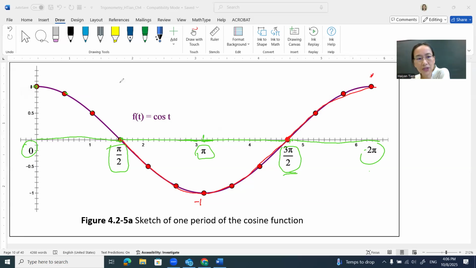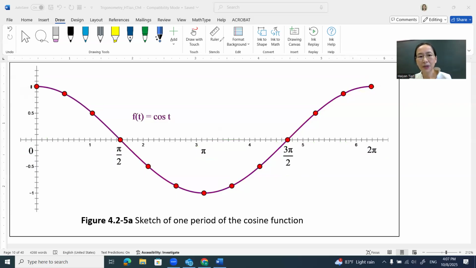So you see, from 1 decreasing to -1, then from -1 increasing to +1. So that's the overall behavior on the entire interval from 0 to 2 pi. So we have finished one complete cycle, that is one period of the cosine function.